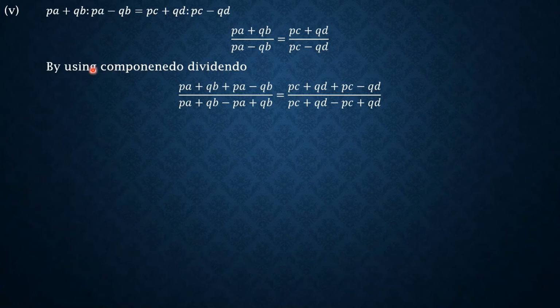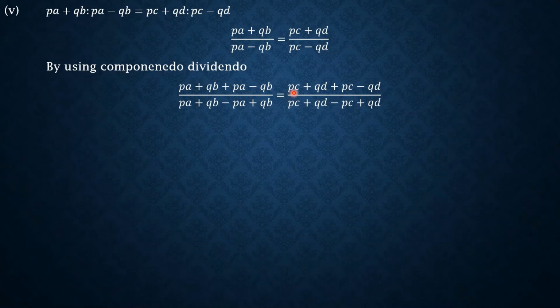Now we will apply componendo dividendo theorem to this fraction and will get numerator plus denominator divided by numerator minus denominator as PA plus QB plus PA minus QB divided by PA plus QB minus PA plus QB.